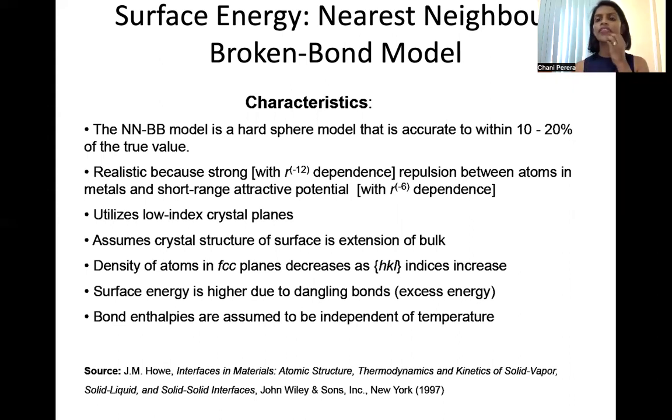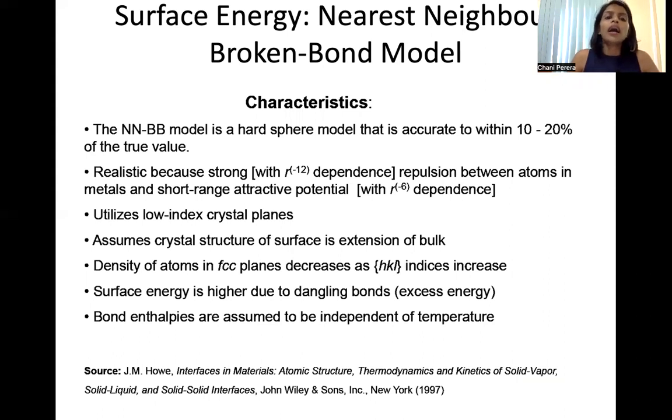So this is a very, very simple, very basic one, the nearest neighbor broken bond model. In this one, we consider a hard sphere model, right? And the accuracy is 10 to 20% from the true value, which is okay for us as beginners.